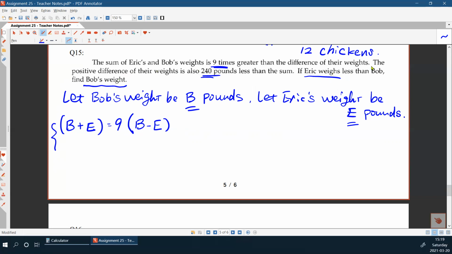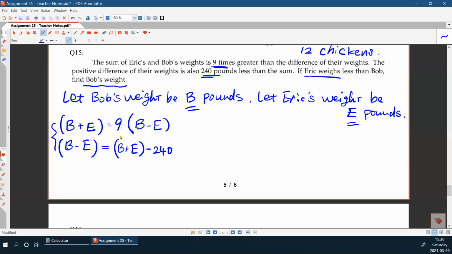The second one means the positive difference of their weights is also 240 pounds less than the sum. So the positive difference is B minus E, right? We already know that this is 240 pounds less than the sum. That means B plus E minus 240, right? Okay, so now we have two variables and two equations.